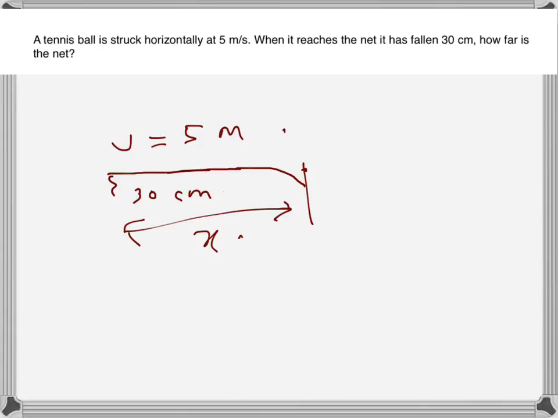Now it has been hit horizontally, so it will fall because of gravitational acceleration only, because of gravitational pull. So it has fallen, we can write half gt square.